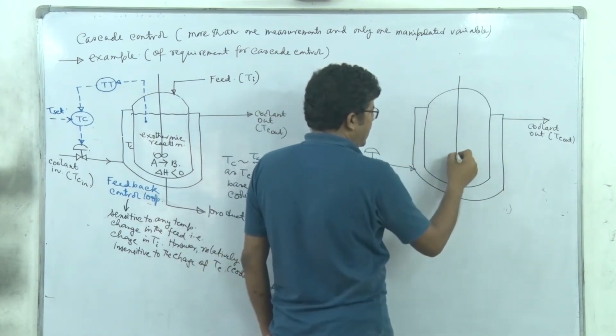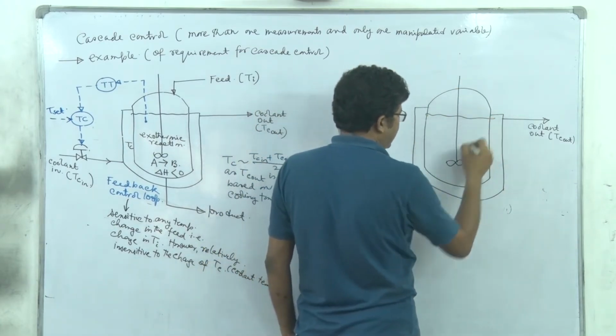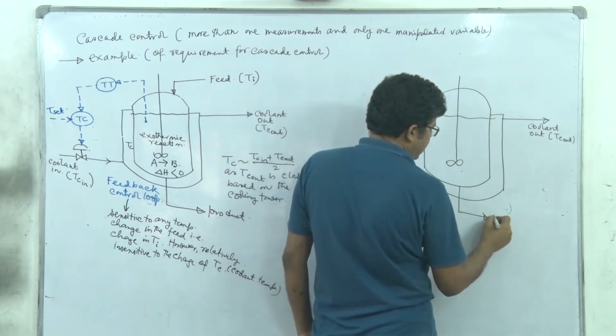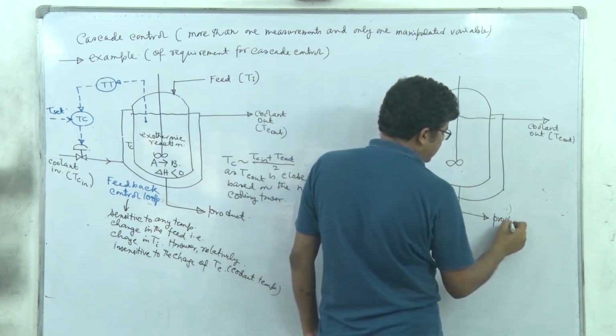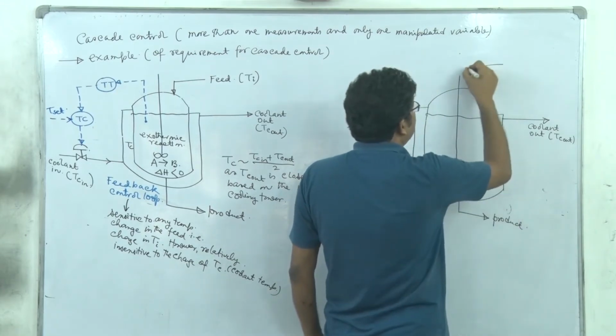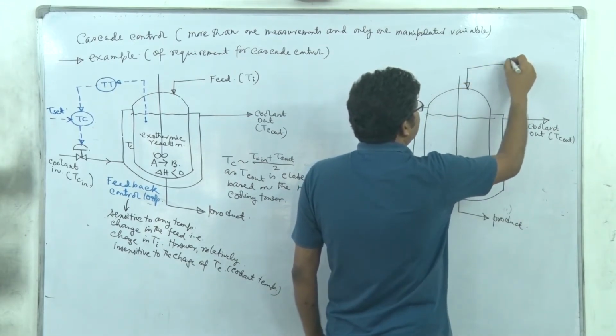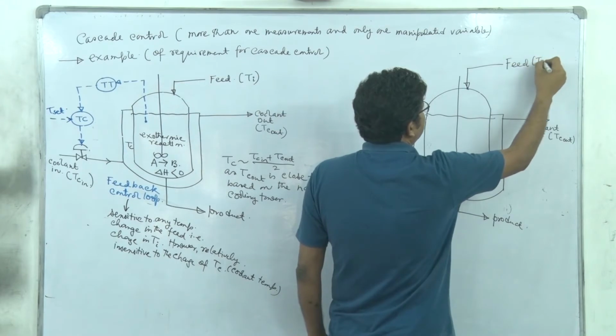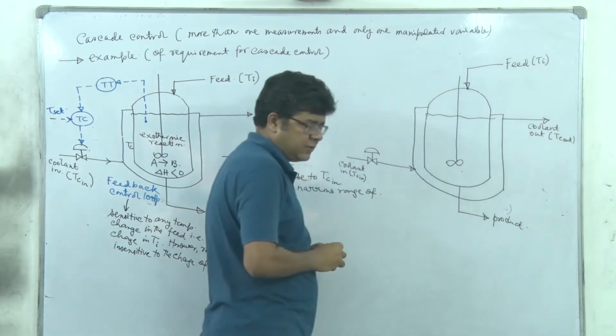So here we have the stirrer, this is the liquid level, the product, here we are taking it out, here we have the feed whose temperature is Ti, and now we will have the control strategy.